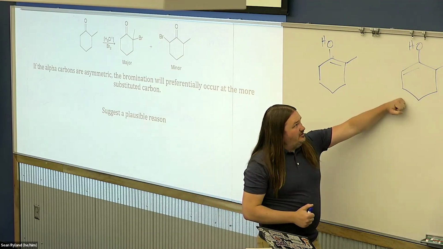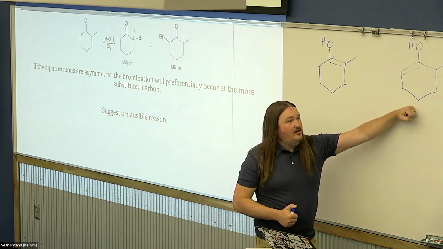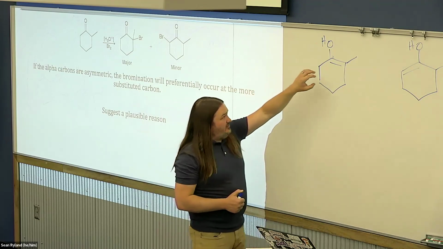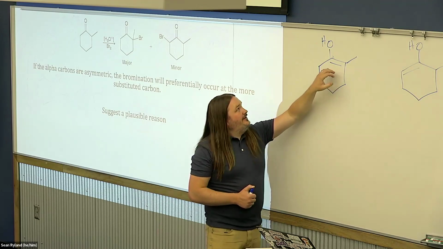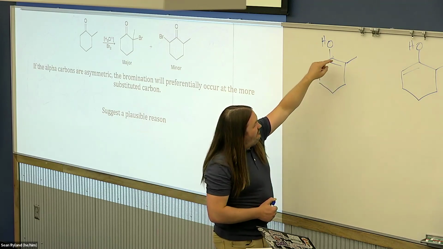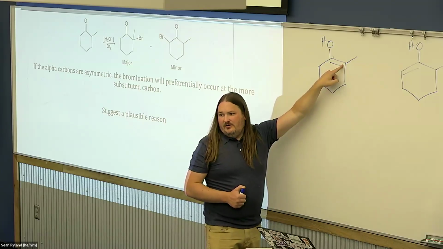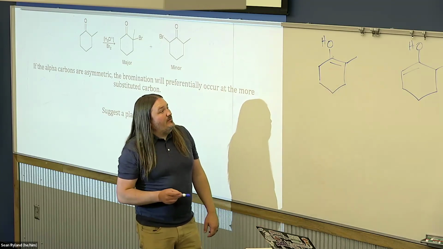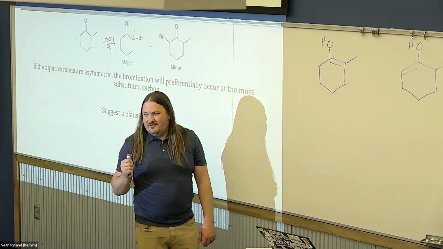And so this enol is more favored. But because of that transition state when we do the addition, it's going to favor making this one, just because of the carbocation. Remember, it's Markovnikov's rule.